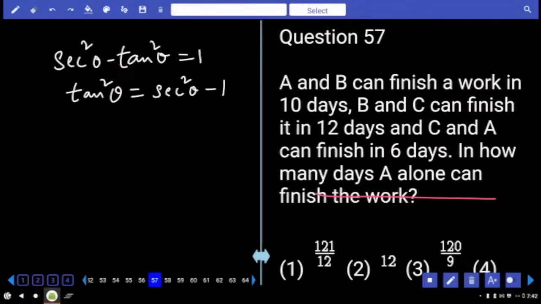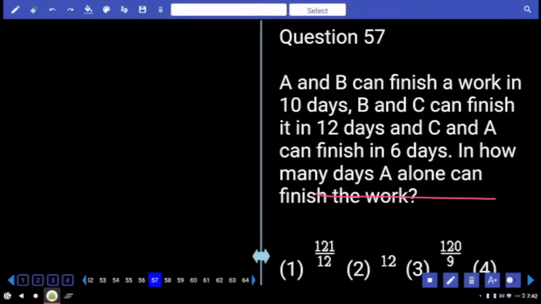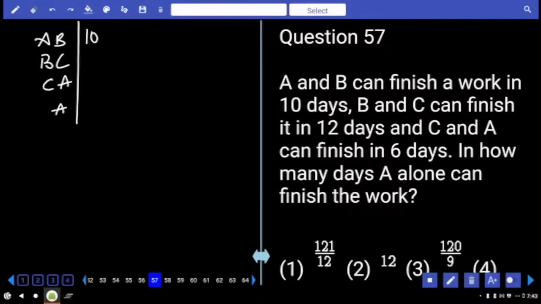AB can finish a work in 10 days, BC in 12 days, C and A in 6 days. In how many days A alone can do the work? AB, BC and CA. Question is about only A. AB can do it in 10 days, BC in 12 days, CA in 6 days. LCM 60.